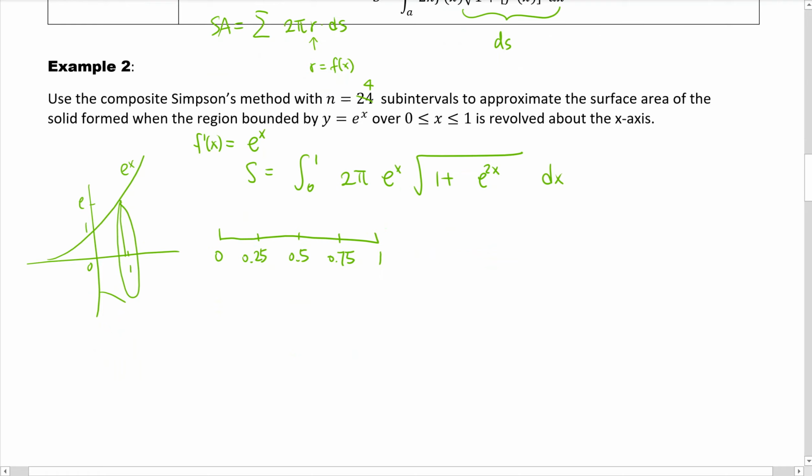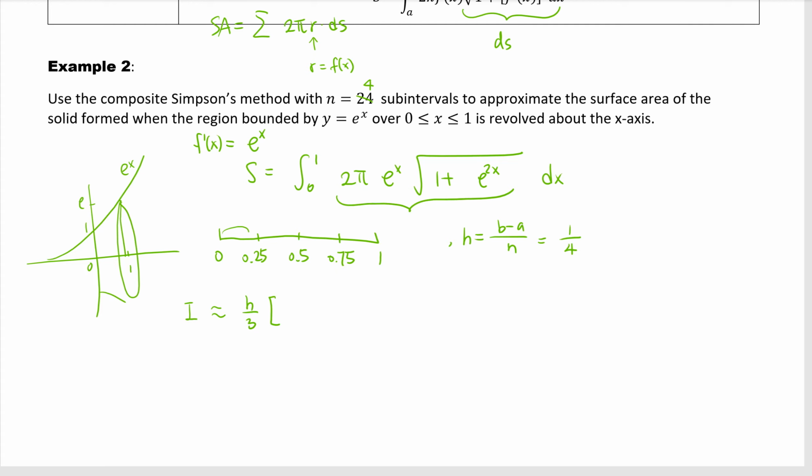Do you still remember what Simpson's rule is? The integral is approximately, by the way, what's h? H is the step size, right? It's 0.25, or you can think of it as (b minus a) over n, so that is 1 over 4. Simpson's rule is h over 3, and then, we don't use f again, for the same reason, we want to calculate this guy. This is g.